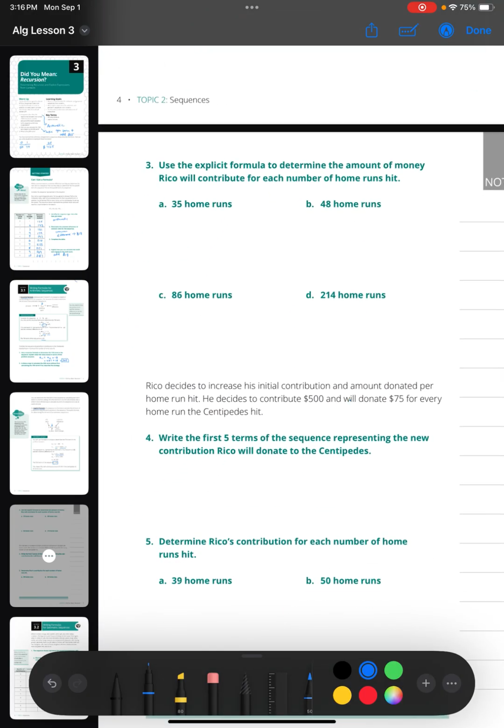So for 35 home runs, we would have 125 plus 18 times, so 35 home runs would be at the 36th term number. So 36 minus 1. And if we simplify that one, we are going to get $755.